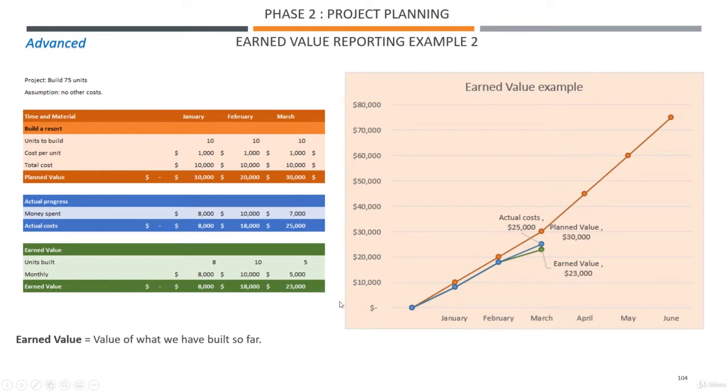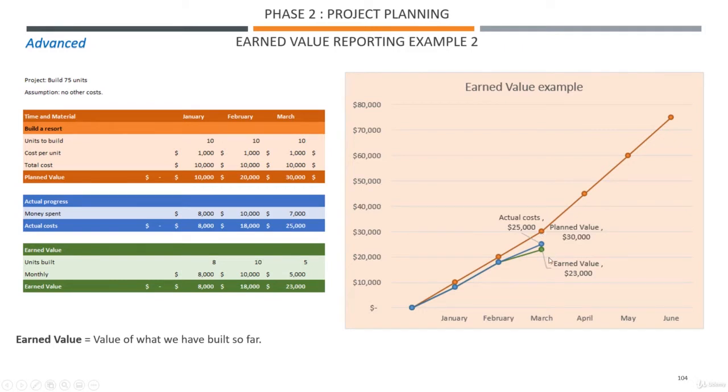So if you put that on a chart, with this being the planned value, the actual cost being there, and the earned value being there. The earned value in green, so this is what you have done at the end of March. In blue, actual cost, it's here, and the planned value, it's there.